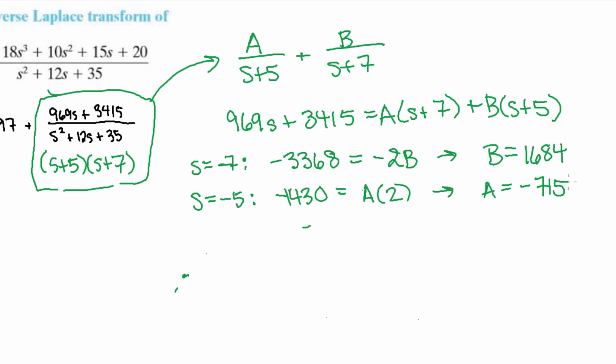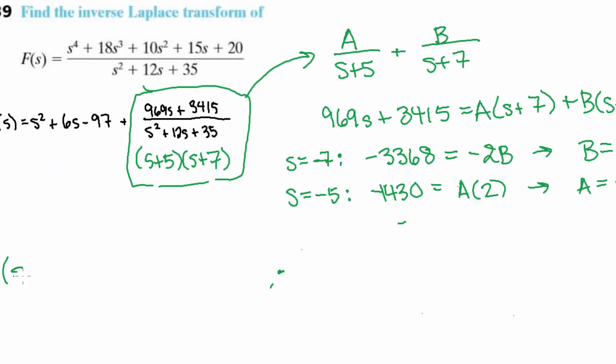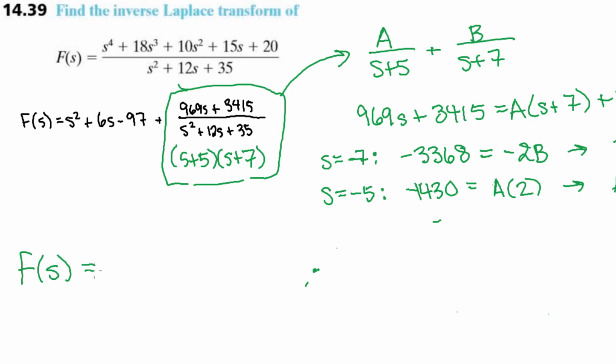Okay, so those are our two constants, and so now I can completely rewrite this capital F of s. So A is -715.